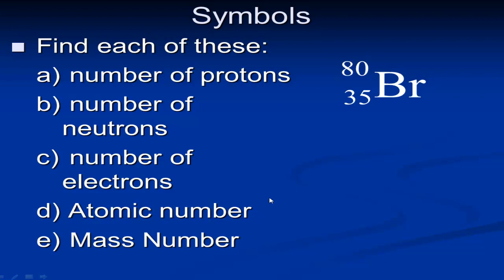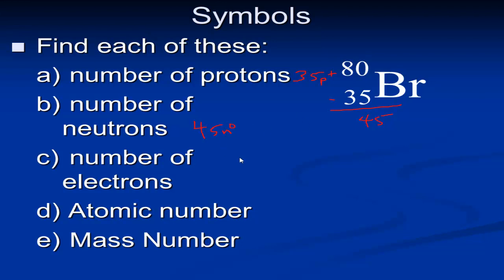Okay, so for my number of protons for A, this is 35 protons. I get this from the atomic number right there. To do my number of neutrons, I need to subtract these two numbers, and I get 45, and that's my number of neutrons.